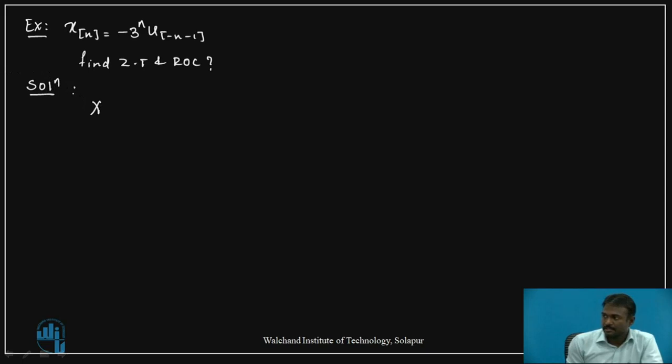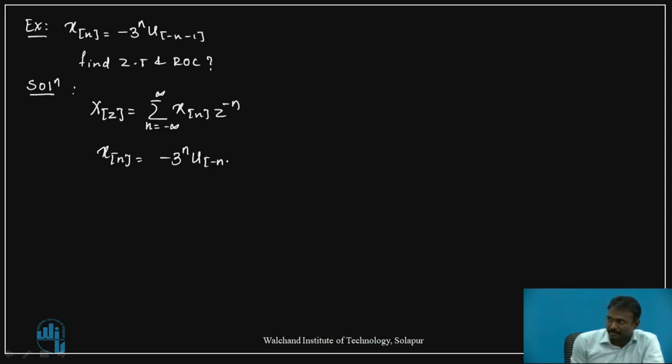We know that x of z is equal to summation n equal to minus infinity to infinity x of n z to the power minus n, where x of n is equal to minus 3 to the power n u of minus n minus 1.